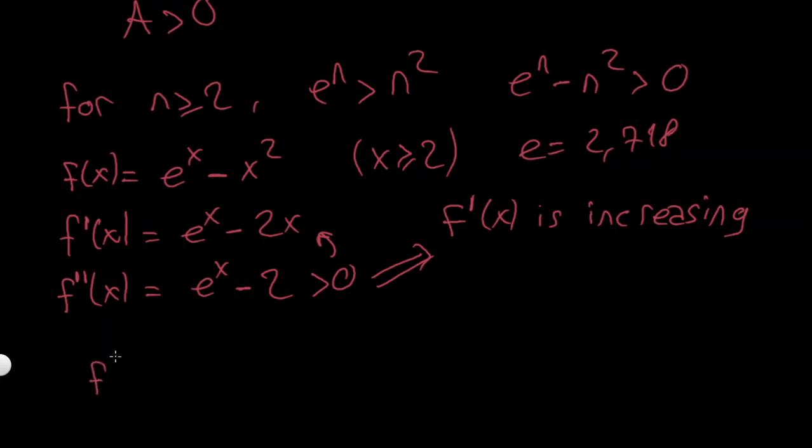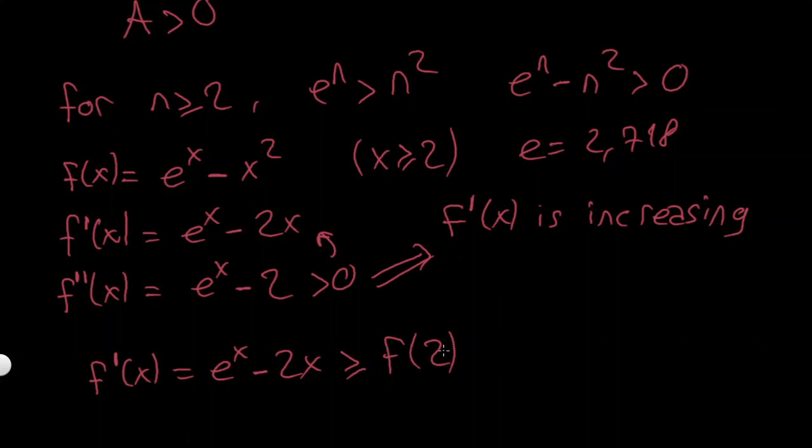So I'm writing f prime x, e to the x minus 2x. If I know that this function is increasing when x is greater or equal than 2, then this function is just going to be greater or equal than f prime 2, because every value bigger than 2 is bigger than that.